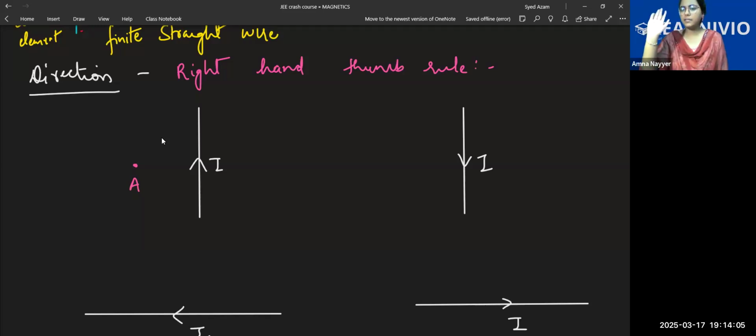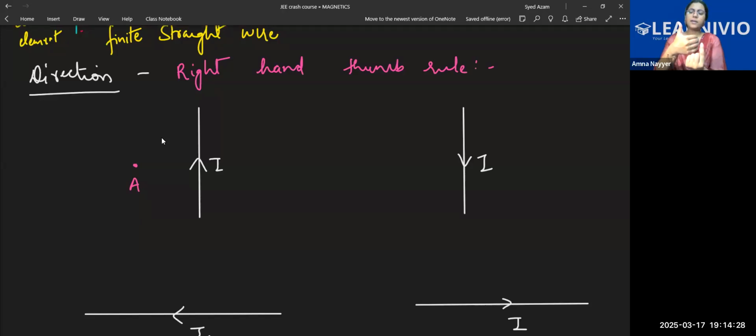This is my right hand. If I have to find the direction, I'll take my right hand and put the thumb along the direction of current. So my thumb is going upwards, right? Because the current is going upwards. Now, point A is located here.